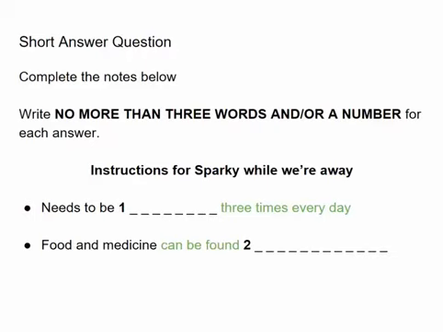Okay, these are all things that we might predict are coming, but we don't know, and so at least making a guess about what's there based on the context will give us some good insight about what to listen for as the speakers are talking. Okay, the second one, food and medicine can be found. I'm guessing that this is going to be a location. Where can we find the food and medicine?